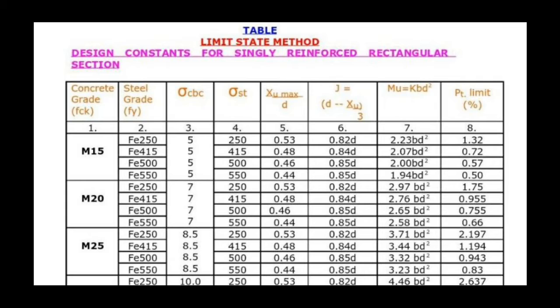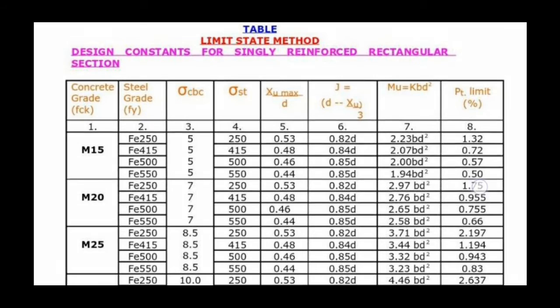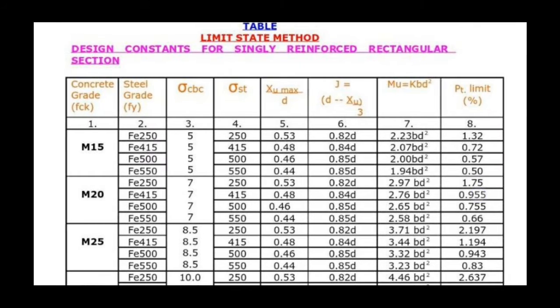Now column number 5, that is Xu max by d, and column 7, that is Mu, which equals K b d square. So this K and Ru are the same. So the formula is Ru b d square.